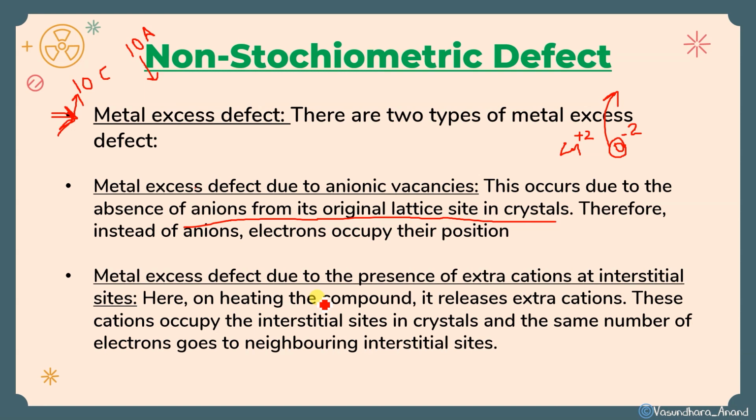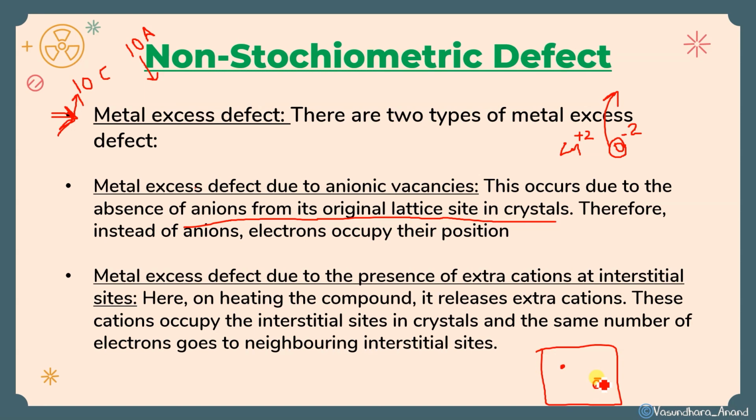So these cation occupy the interstitial site in the crystal and the same number of electron goes to neighboring interstitial site. जो कि electrical neutrality should be maintained. अब अगर यहाँ पे इस unit cell में suppose कहीं आके cation, if it is going to occupy the interstitial site, so obviously the electron, this cation, how it forms? By losing the electron. So whatever the electron it will lose, that will be occupied by another interstitial site. So again the electrical neutrality is maintained.